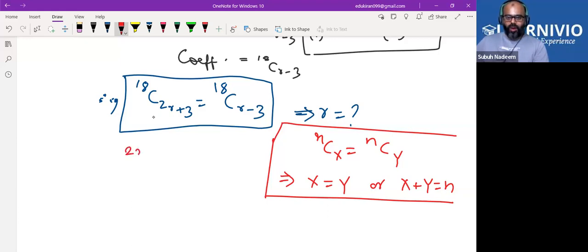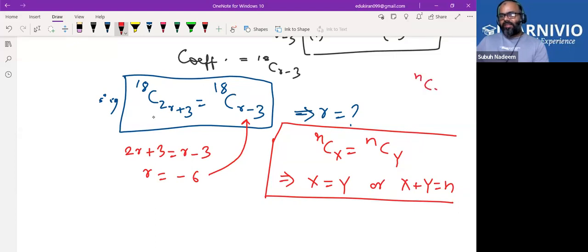So if you do 2r plus 3 is equal to r minus 3, you will get r is equal to minus 6, which we can't take, because if you take r is equal to minus 6 and put it here, what you will get is 18C minus 9. It doesn't make any sense.